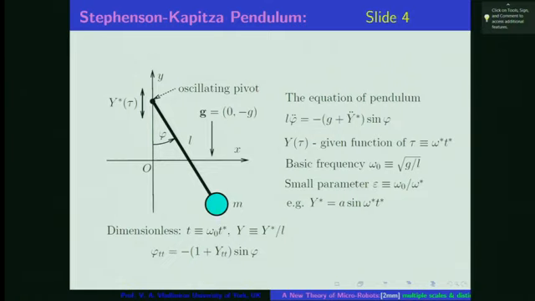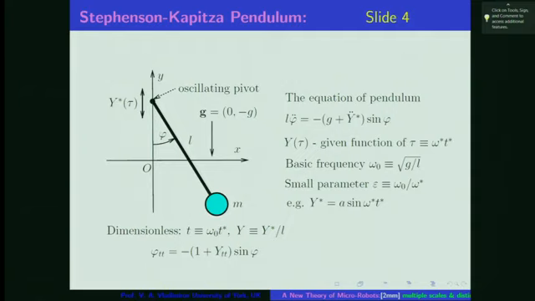Here I use it just to demonstrate the method, which is partially known to everyone, but partially should be explained. This is the classical equation for the pendulum, which also everyone knows.